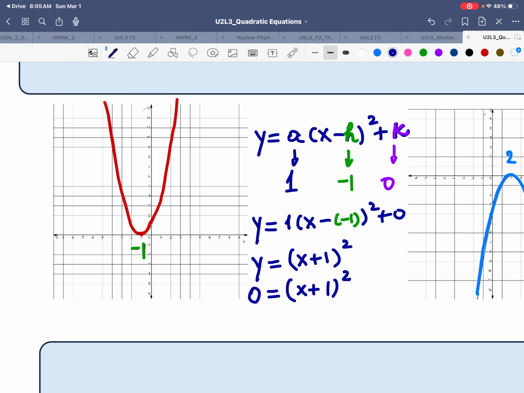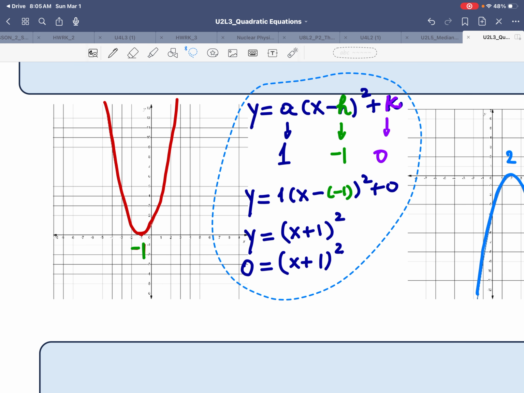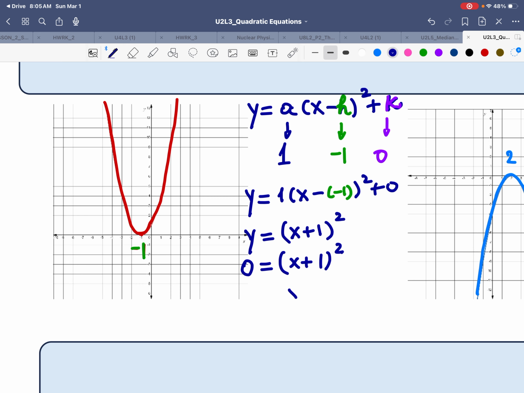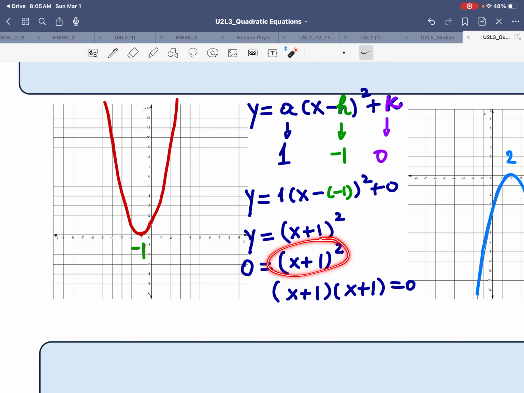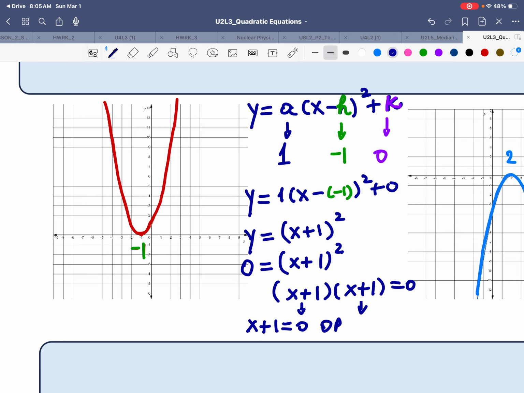Now, if you were to solve this equation by using the factoring method, then you would have to say that (x plus 1) times (x plus 1) is equal to 0. That's the same as saying (x plus 1) squared is equal to 0, right? And to find the zeros, we make each factor equal to 0. So we say x plus 1 is 0, or this other x plus 1 equals 0.